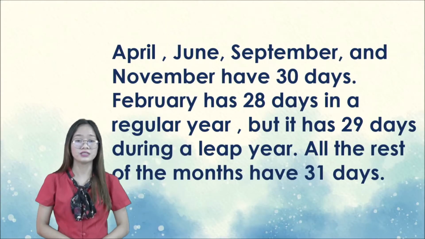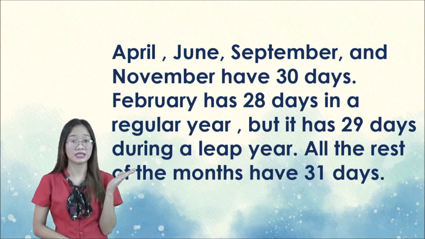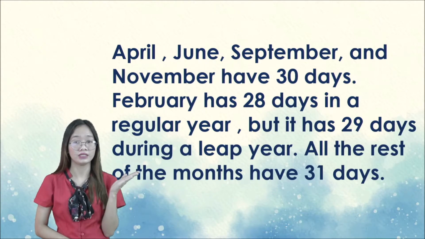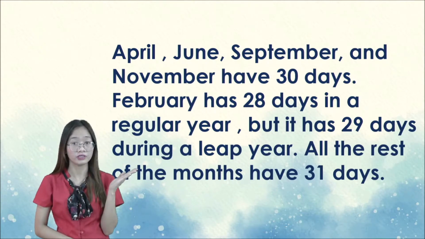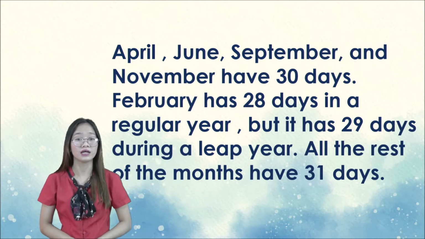So as you can see, class, April, June, September, and November have 30 days. Remember, they have 30 days. February, class, has 28 days in a regular year, but it has 29 days during a leap year.